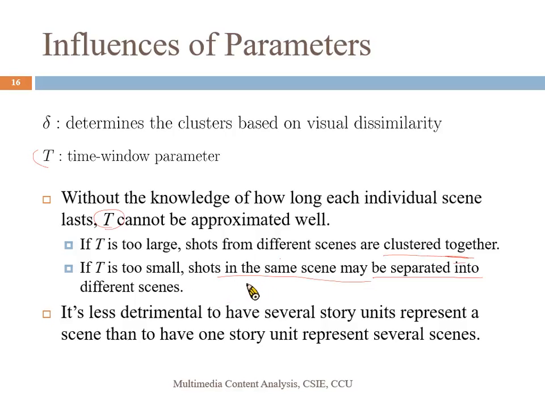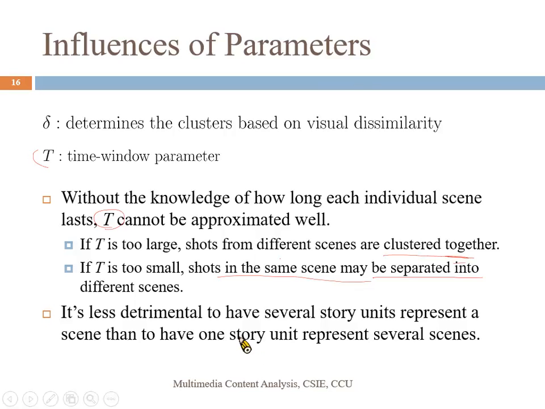So it's difficult to determine the parameter T, and the parameter may also be content dependent. But basically, it's less detrimental to have several story units represent a scene than to have one story unit represent several scenes. That means we human beings prefer over-segmentation rather than under-segmentation.